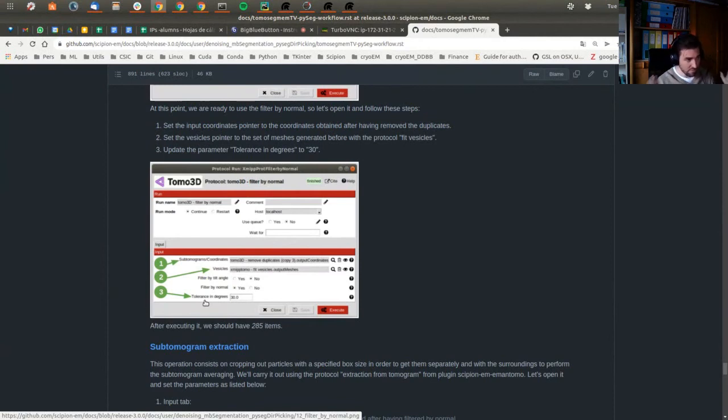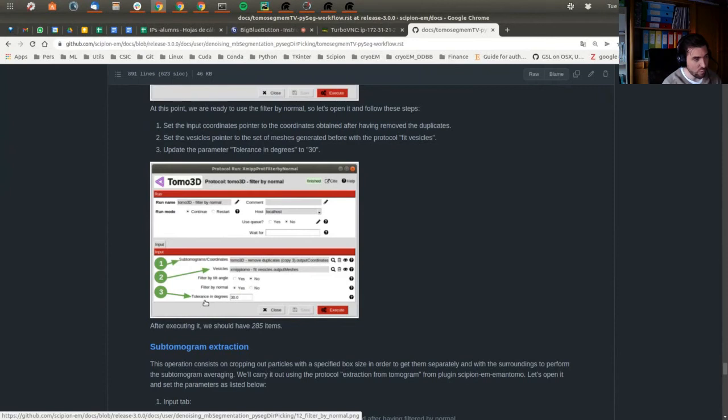All the particles contained in that range will be considered good ones, and the rest will be considered bad ones and, as a consequence, will be removed from the set.